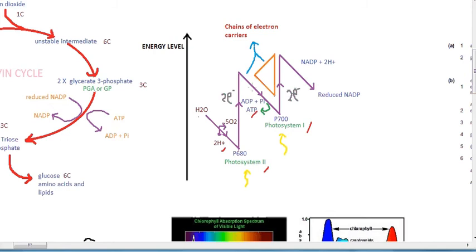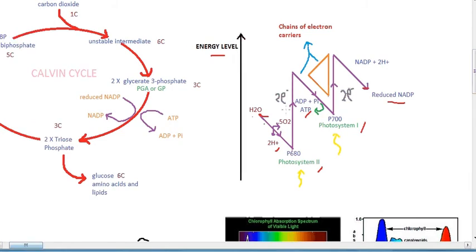And then again it goes to the high energy level when it loses its 2 electrons, and it gives us reduced NADP and the product, okay? But then the whole reason for this process is the increase in energy level from here to here, okay? This is the energy level increase. But then it goes in this series of up and down. You should know that this is the product.